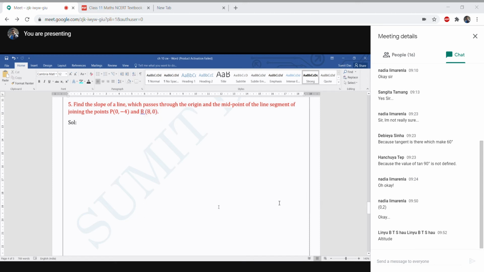So again, what is it saying? Find the slope of the line which passed through the origin and the midpoint of the line segment joining these.